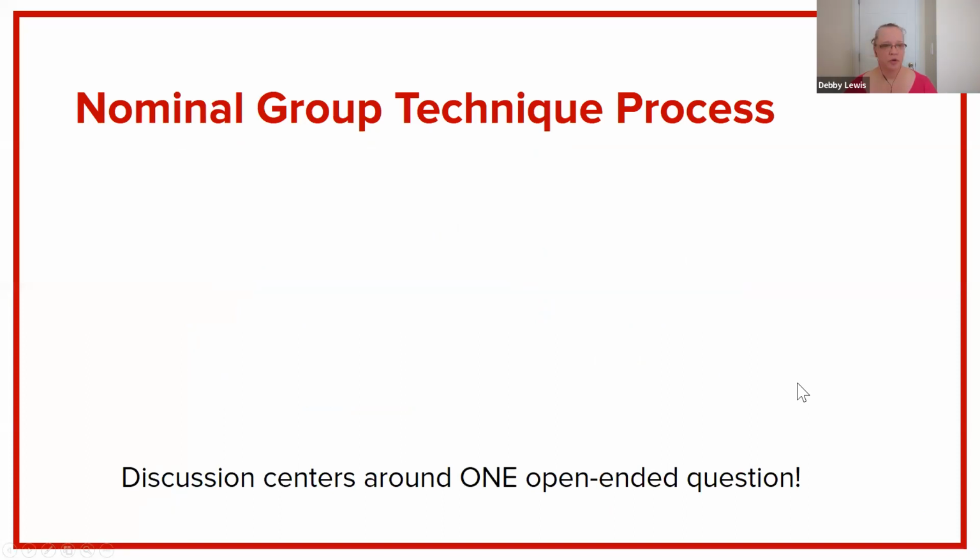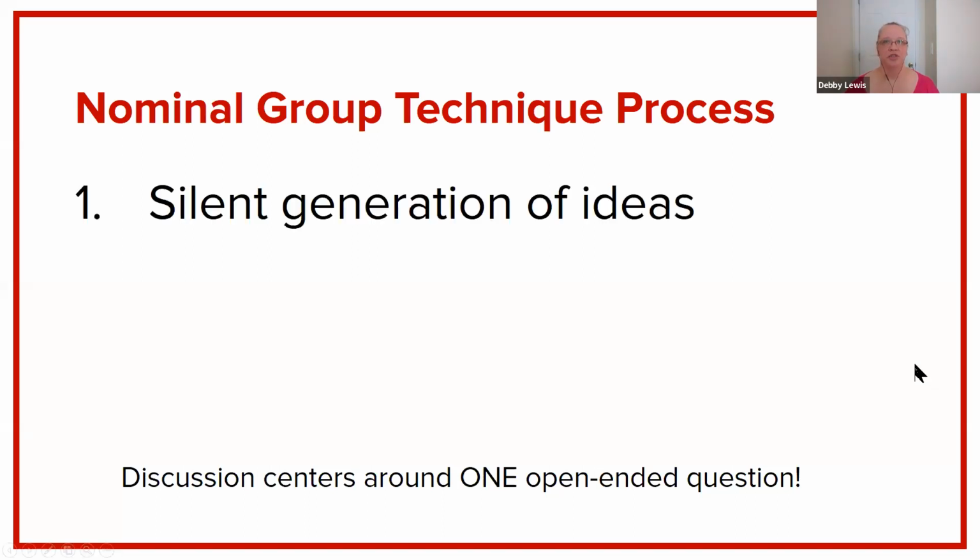Basically, it's a 4-step process, so it's very simple. You need to make sure that you have that nominal question written out, and you share that with people at the beginning, and there's a time of silent generation of ideas where they're writing down their own thoughts of an answer to that question.